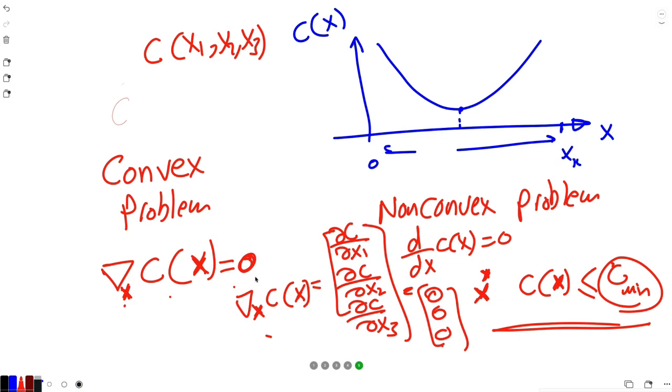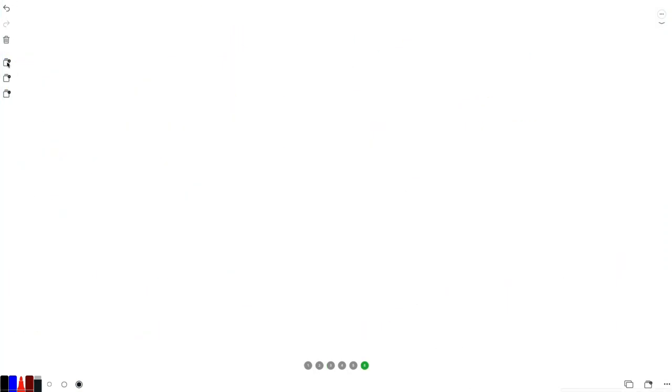Okay, let us go to the next. Now this is the case of multiple dimensions. Let me take a simple case that we actually started before but did not complete. Assume we have a single function with a single parameter, c of x equals x squared plus 2x plus 1.